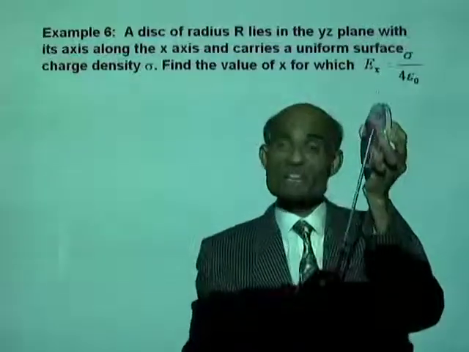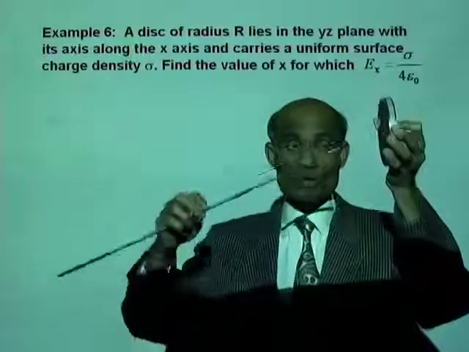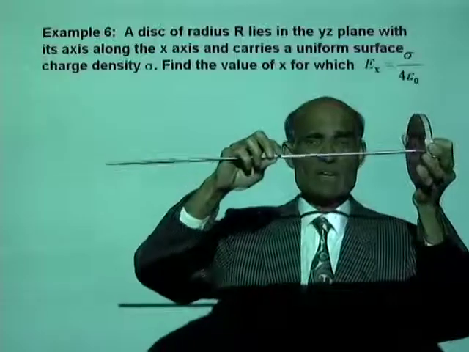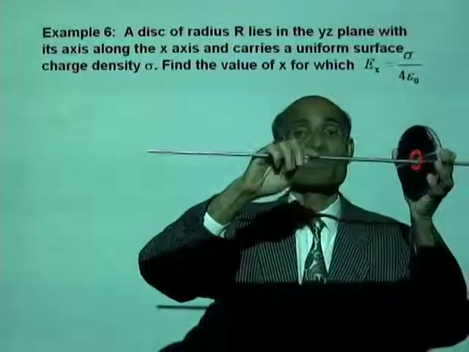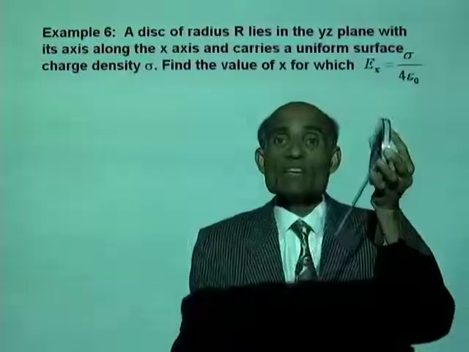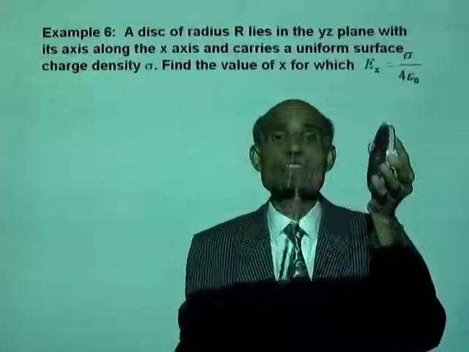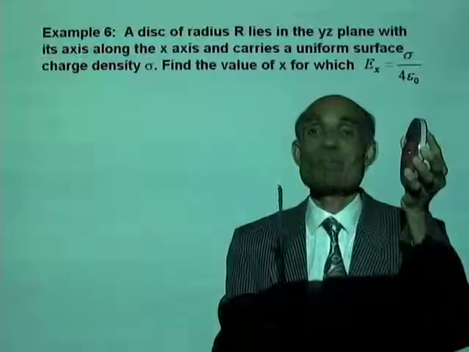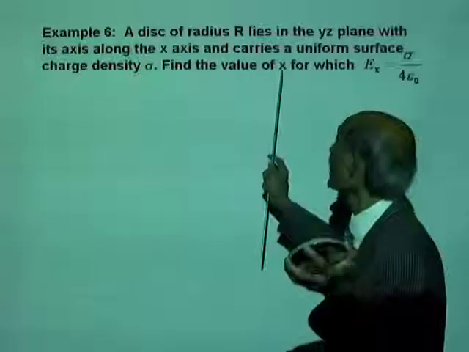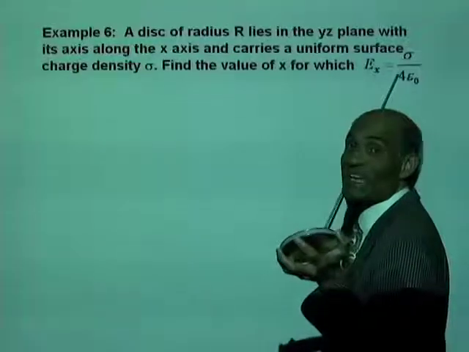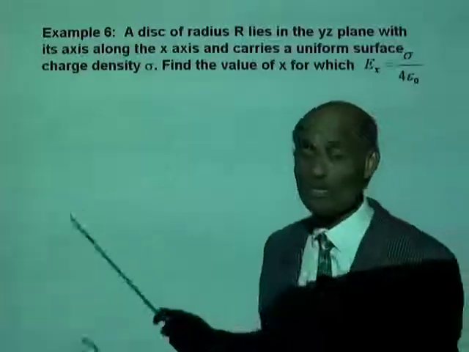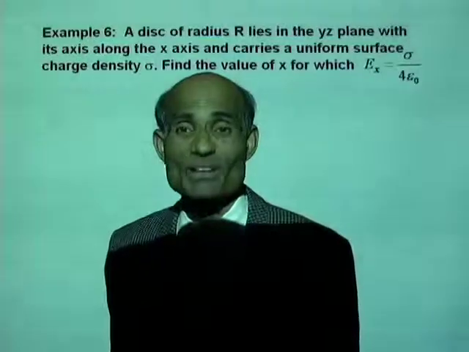So the disk is now like this, vertical in the YZ plane. Its axis is the x-axis. It carries a uniform surface charge density sigma. Find the value of x for which the electric field equal to sigma over 4 epsilon naught.